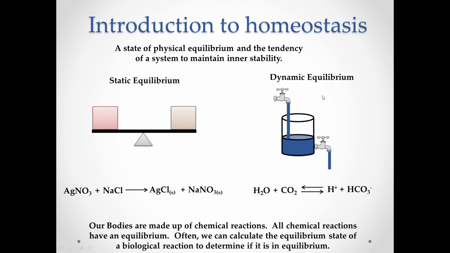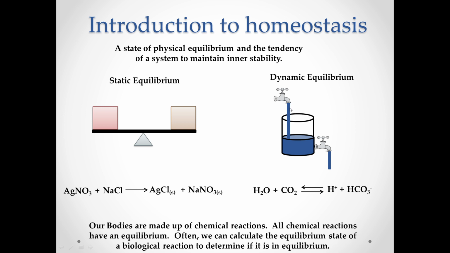The second type of equilibrium I'd like to discuss is called a dynamic equilibrium. And a dynamic equilibrium would be depicted as this picture containing two faucets. One faucet is adding water to a container, while the other faucet is draining that container. Now, the equilibrium that exists in this particular depiction is that the amount of water in the container remains constant.